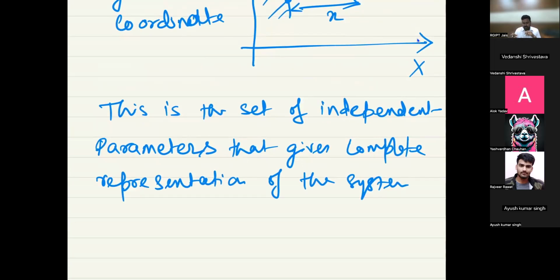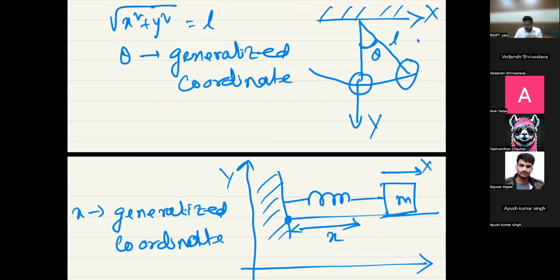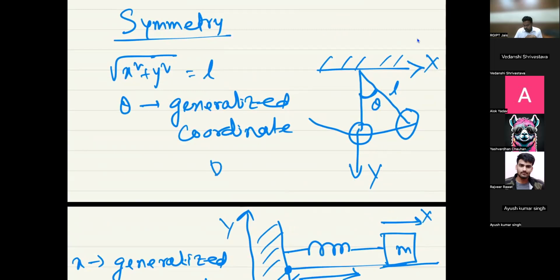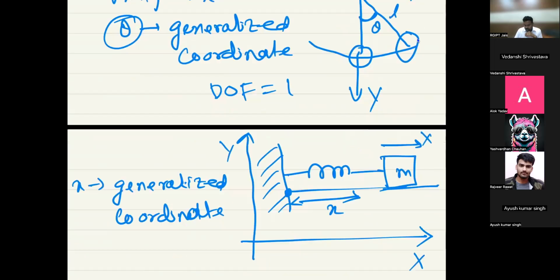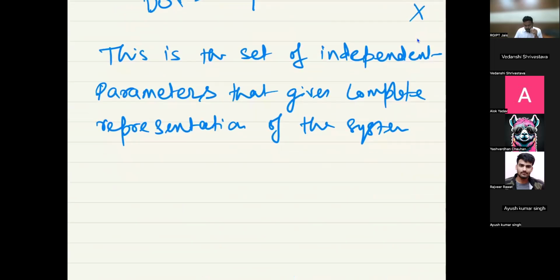The number of generalized coordinates should be equal to the number of degrees of freedom. For example, in this case the degrees of freedom is 1, and you have only one generalized coordinate. Here again you have only 1 degree of freedom, so you need only one generalized coordinate.